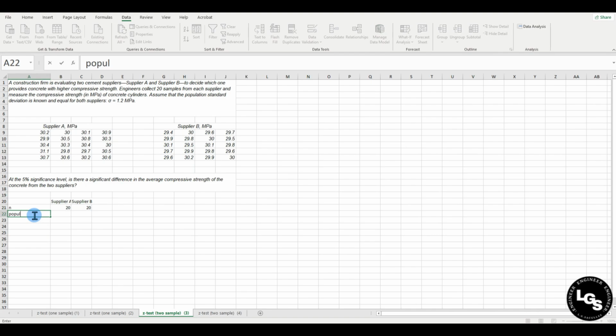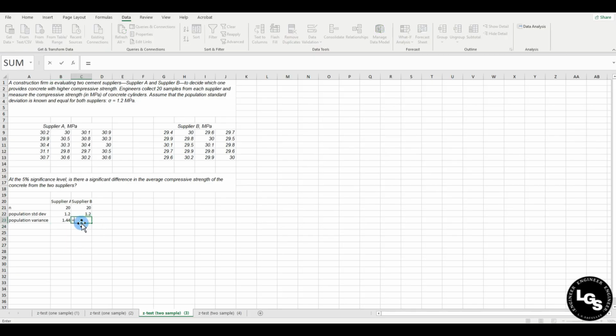Then the population standard deviation based on the problem is also equal for both suppliers, which is 1.2 megapascals. So we need to calculate the population variance based on the given standard deviation. That is simply the square of the standard deviation. So we will just square this.